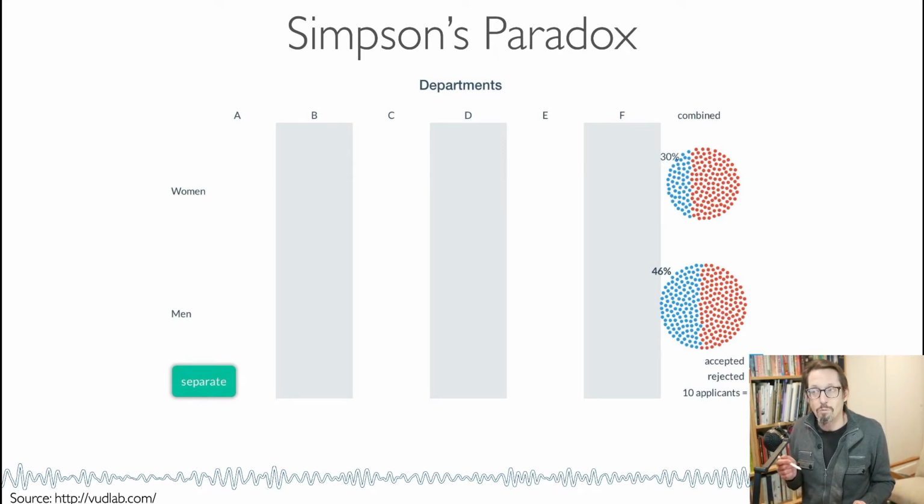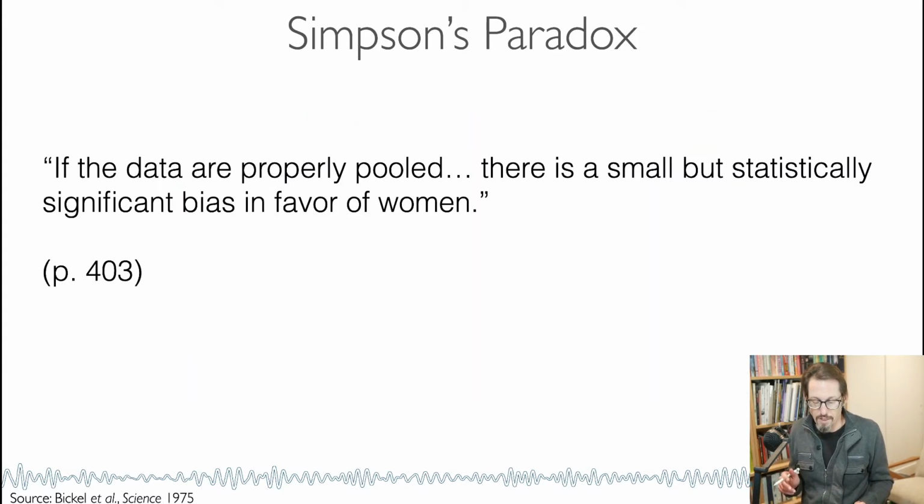Okay, but what if we break this up over the departments instead? So there's departments of, whatever, mathematics, and physics, and literature, and whatever else we have in our school. So when you do that, if the data is pooled properly, there is actually a small but statistically significant bias in favor of women.